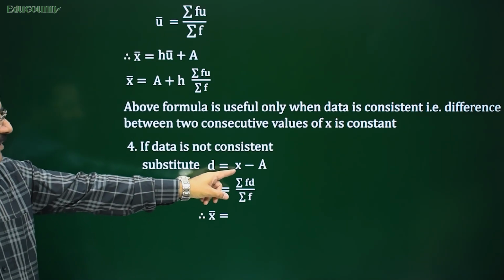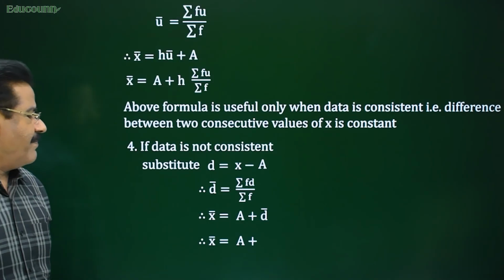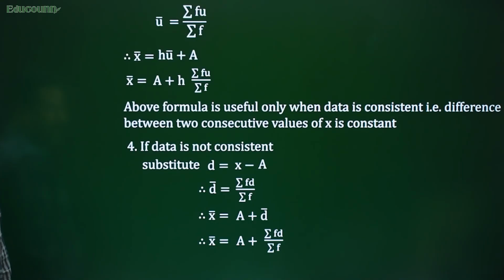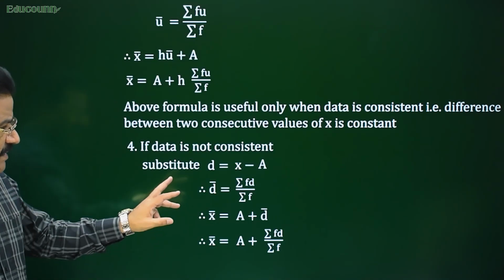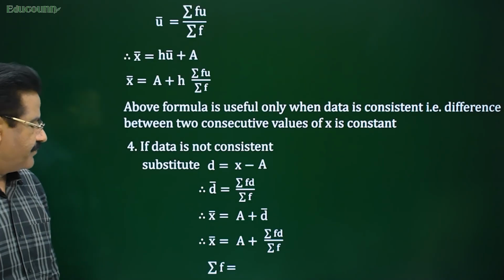So x bar is equal to a plus d bar, or we can say that x bar is equal to a plus summation of fd upon summation of f. So these are the various formulas regarding arithmetic mean or average.